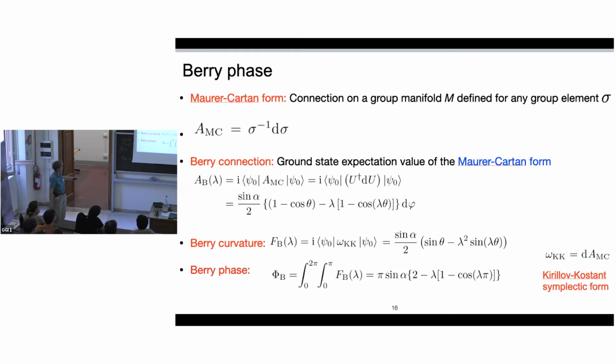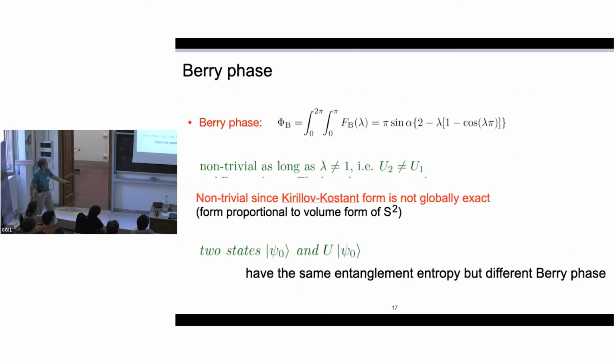So the Berry curvature of the so-called Kirillov-Kostant symplectic form, which is the exterior derivative of this Maurer-Cartan form. And then the Berry phase takes this form here. And so you can see that unless lambda is equal to 1, it will actually be non-zero. Okay, so it's non-trivial as long as this parameter is not equal to 1.